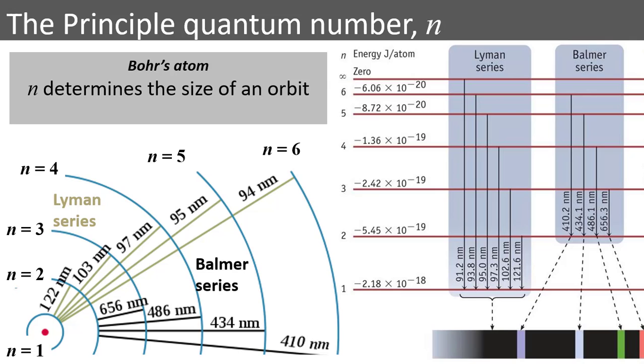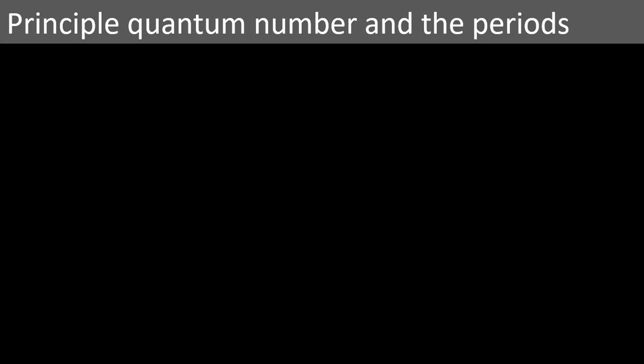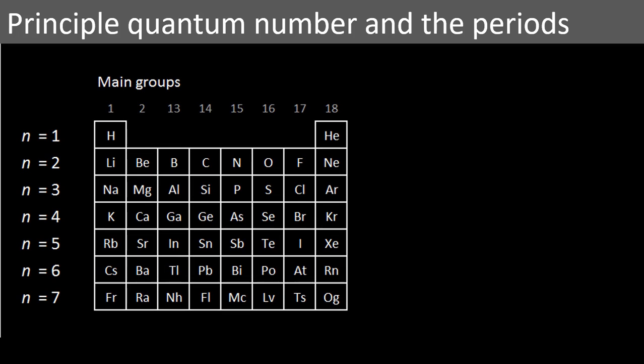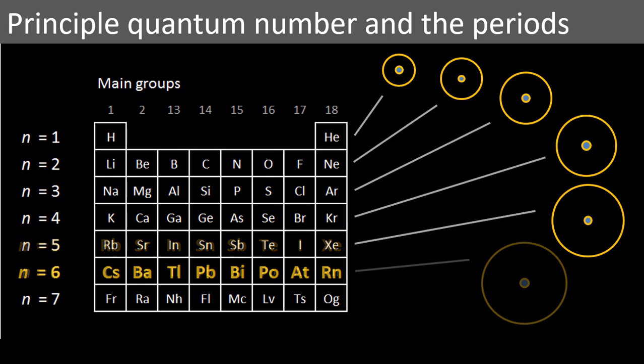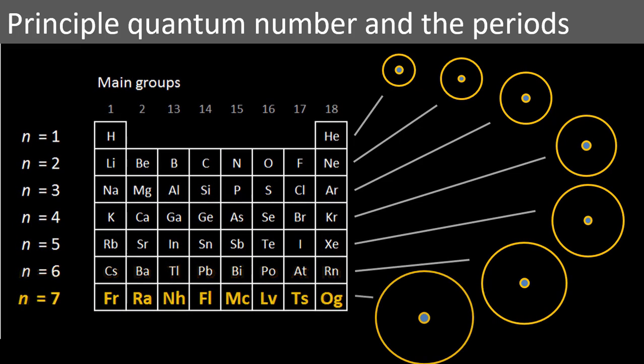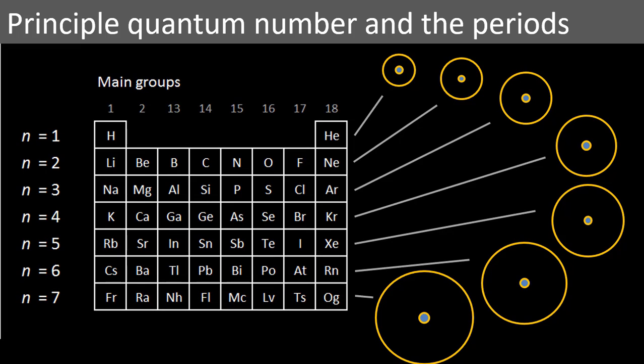Roughly speaking, n is associated with the periods of the periodic table. The first period, which contains just hydrogen and helium, has atoms where the outermost electrons are in an orbital with n equal to 1. The second period, from lithium through to neon, has electrons in a larger orbital with n equal to 2, and so on.